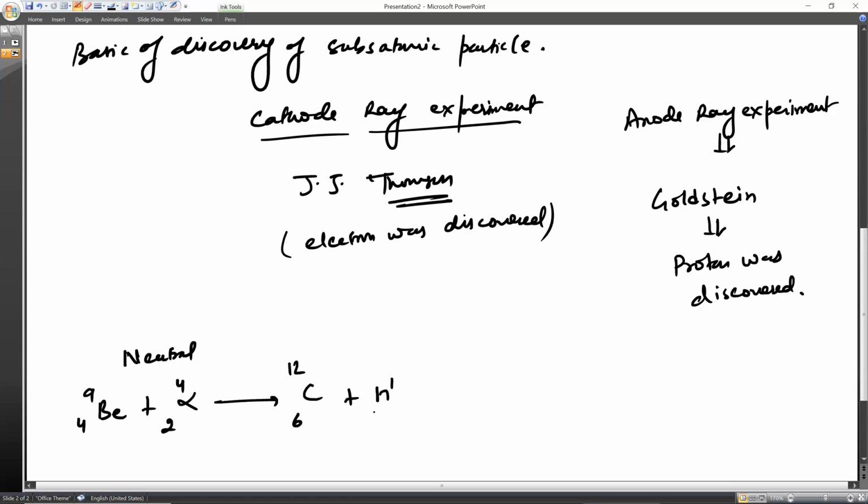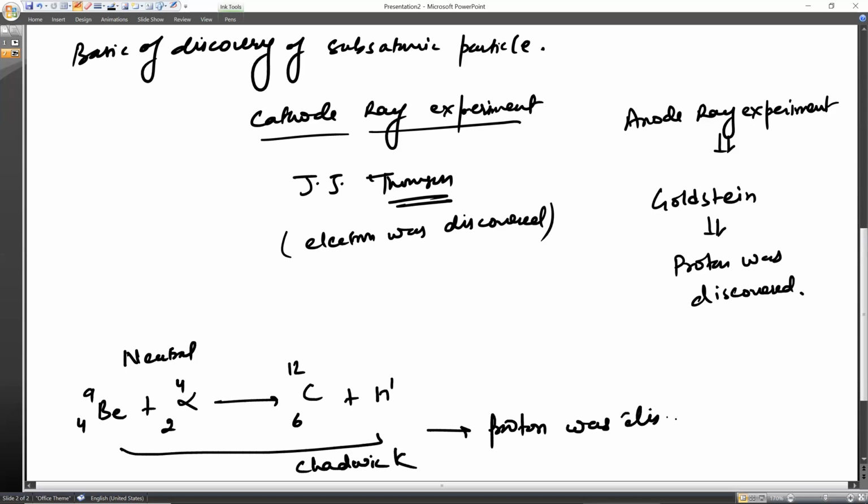And this experiment was done by Chadwick, and here the neutron was discovered.